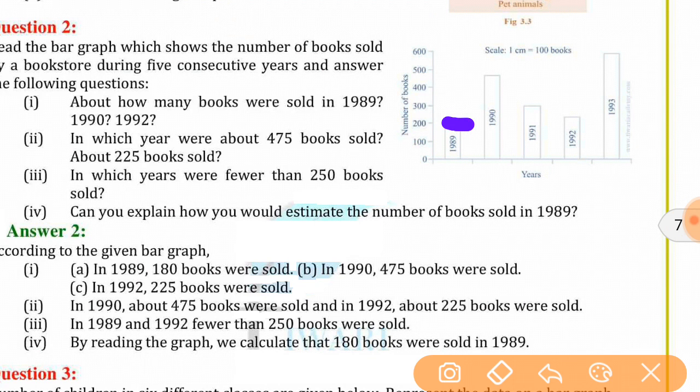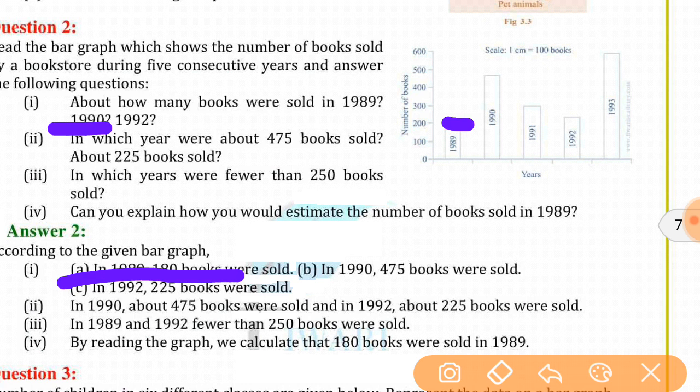It is less than 200, maybe 2 lines before. Each line indicates 10, so it is 200 minus 20, which is 180. So 180 books were sold in 1989.